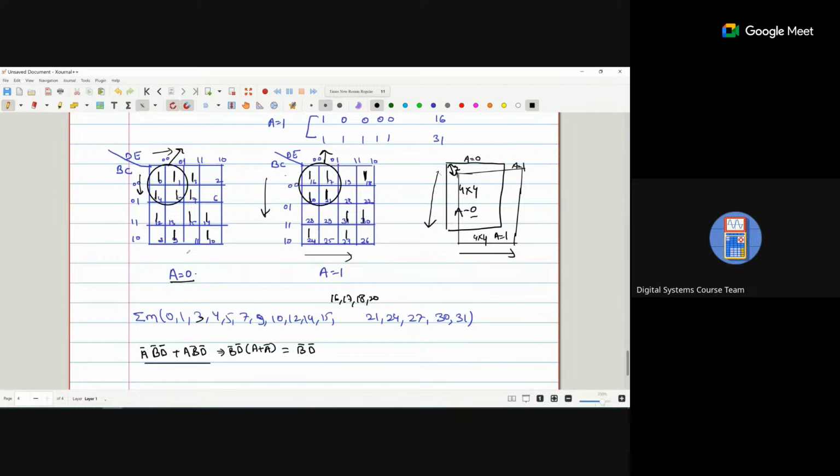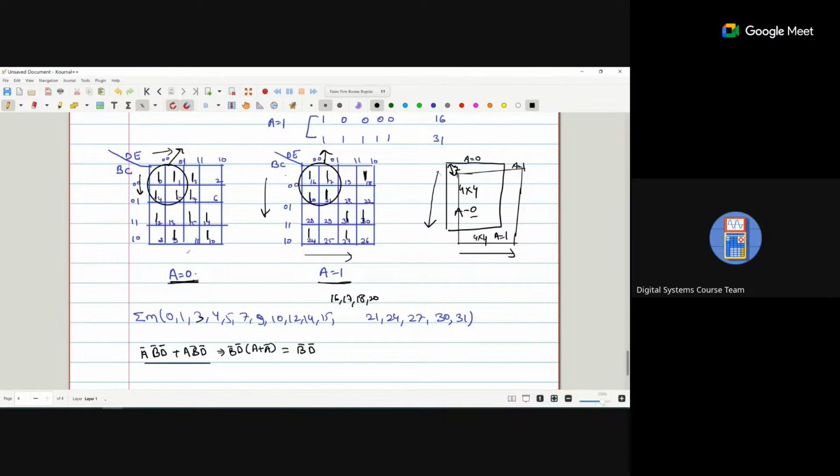What is the meaning of that? If we overlap these two groups, a group of 4 and a group of 4 will be combined together and create a group of 8. Because of that group of 8, the variable A is also varying, so the variable A is not present in the min term.